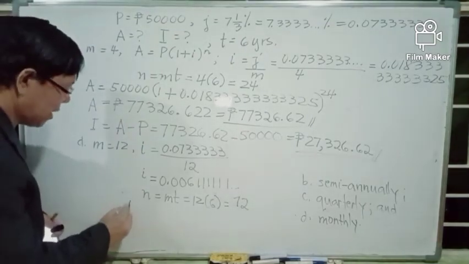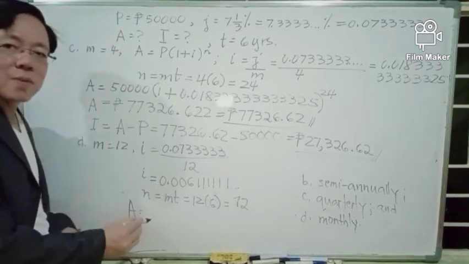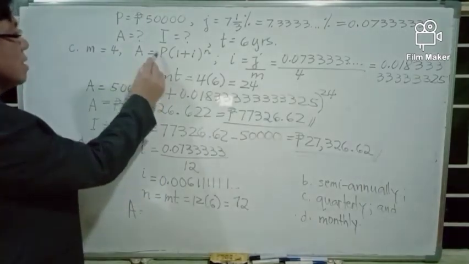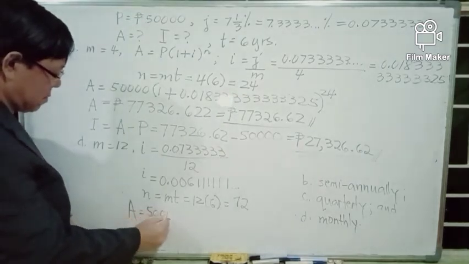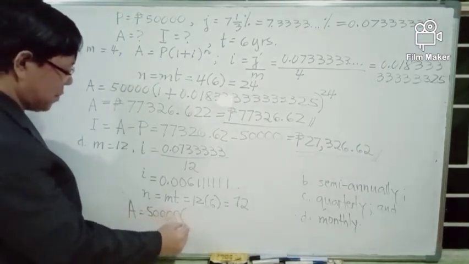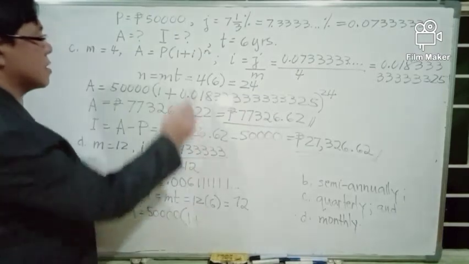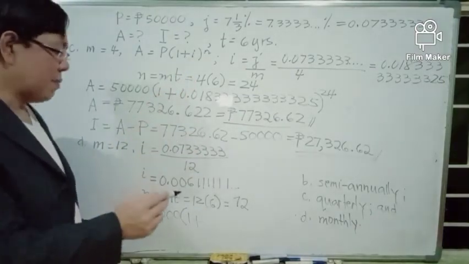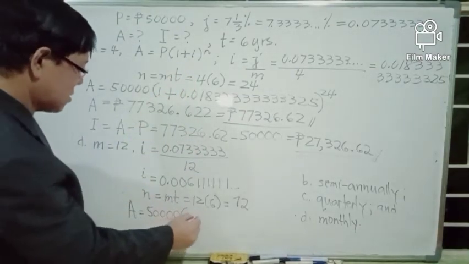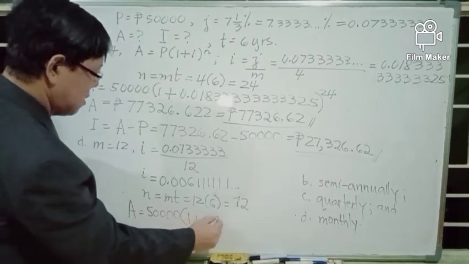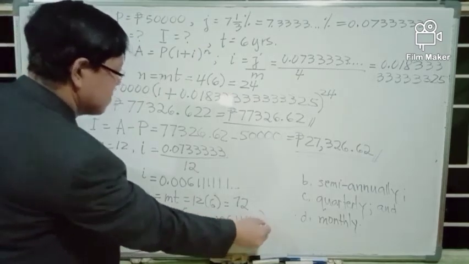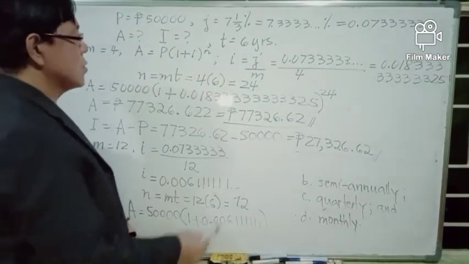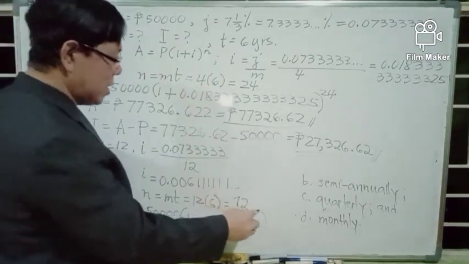Accumulated value A now is equal to P, 50,000 pesos, multiplied by the quantity 1 plus i. The interest rate per month is 0.006111, repeated without end, to the power n, our n is 72.